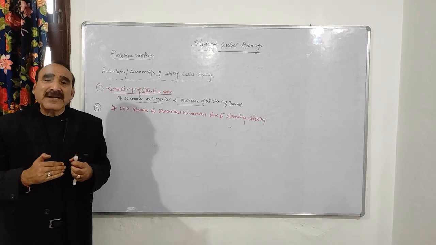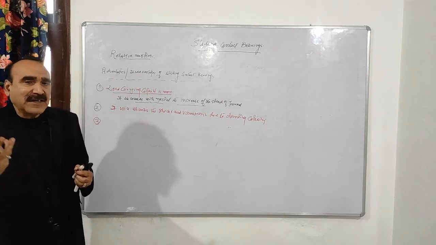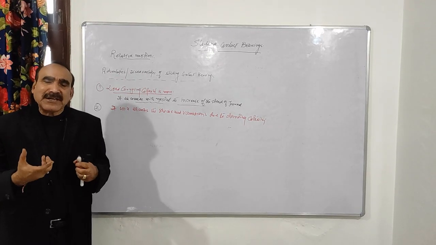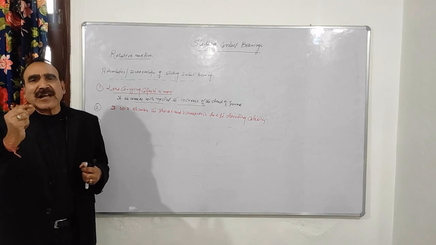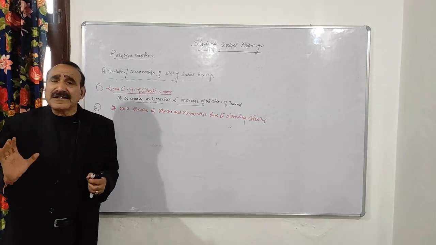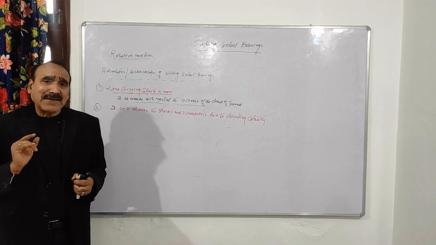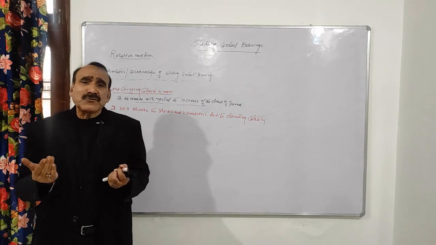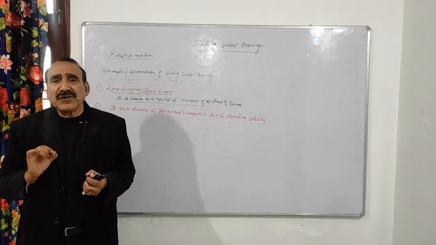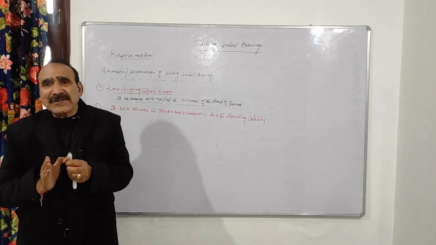The reason is that until it attains its full operating speed, during that period there is metal to metal contact. After gaining the full operative speed, the lubricant oil will fill the gap between the bearing and the journal surface. So there is no metal to metal contact in that case.